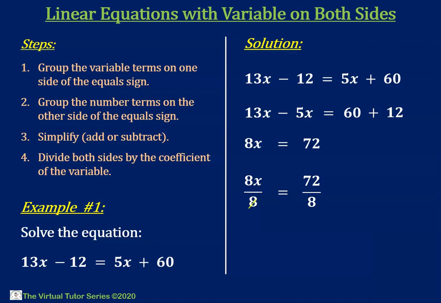Eight cancels out 8, and 72 divided by 8 is 9. Therefore, x is equal to 9.